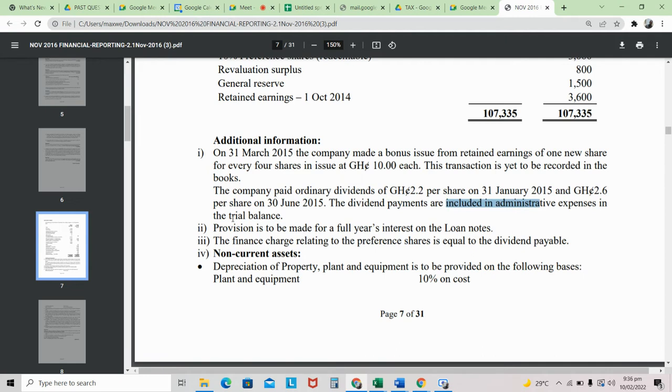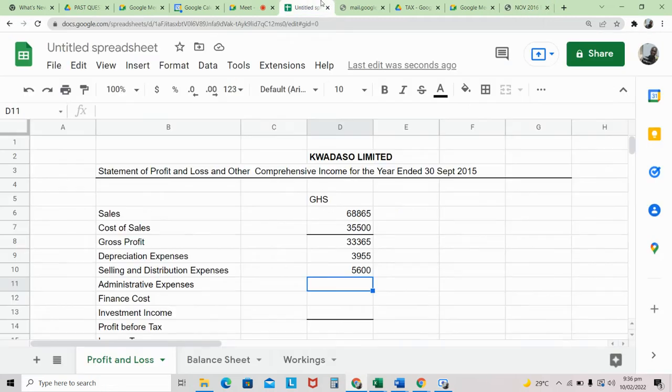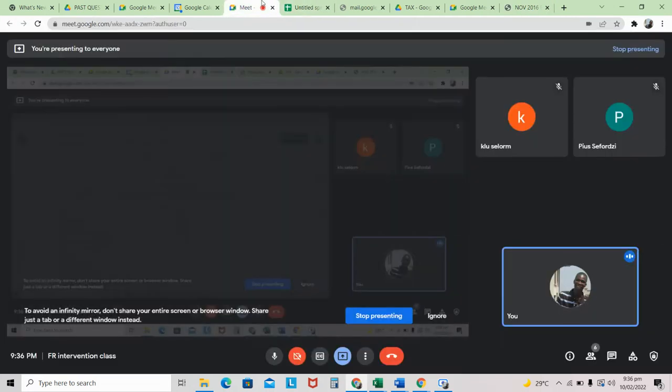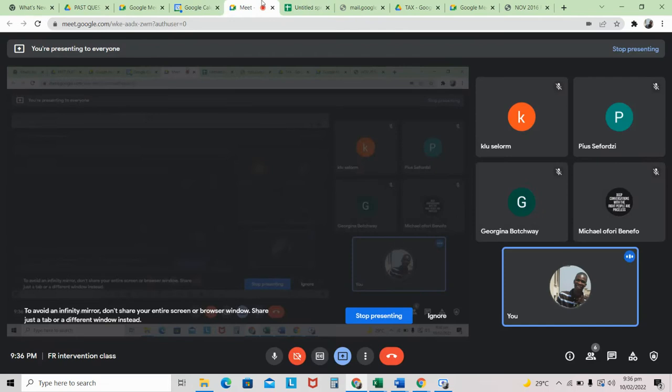So we know that we don't add dividends to administrative expenses. Payment of dividend is not an administrative expense. It's a distribution to owners, and it is taken from the retained earnings. We pay dividends out of retained earnings. Do you get it? The retained earning is the profit for the owners.